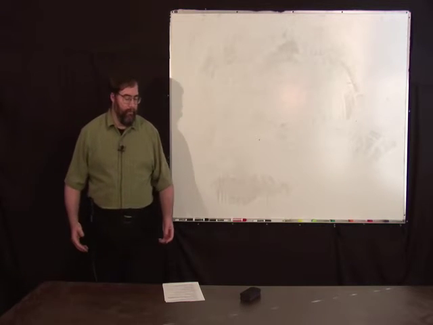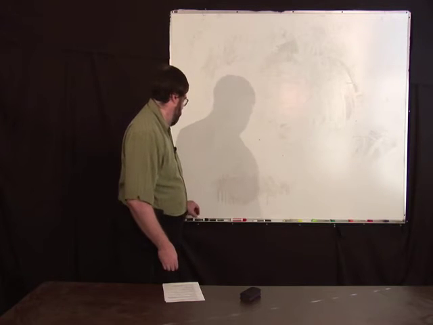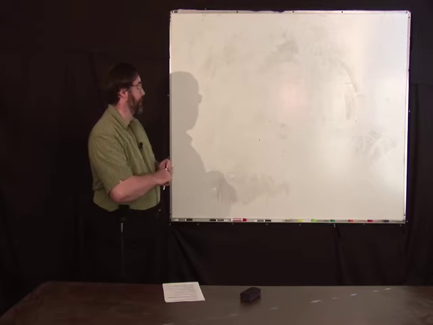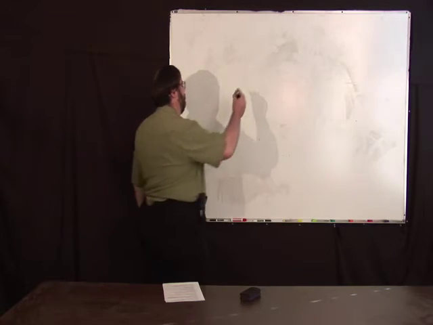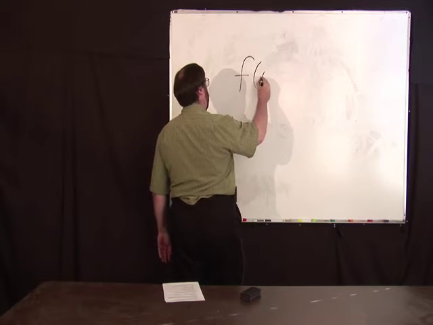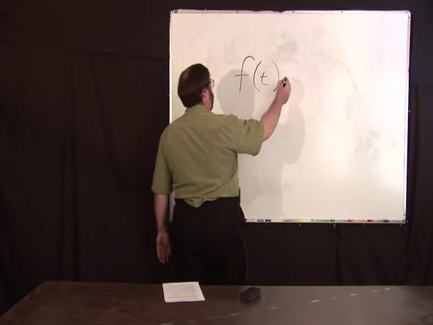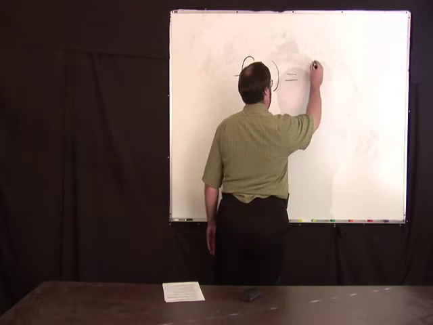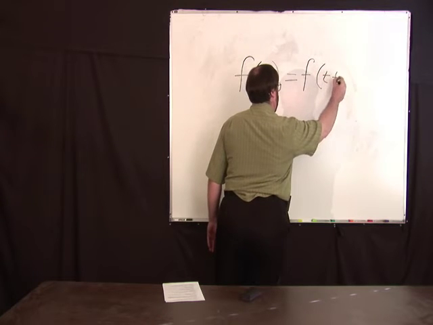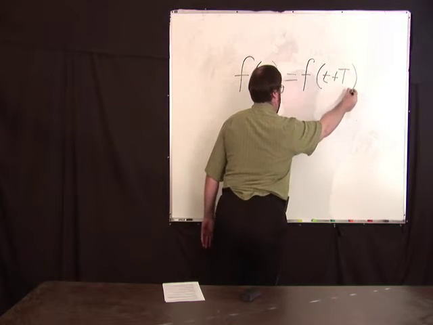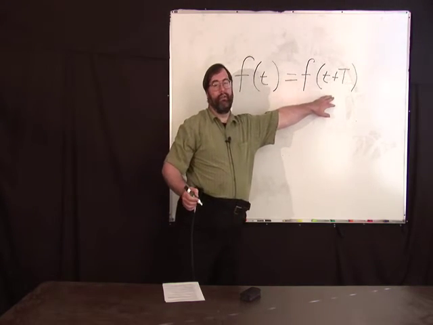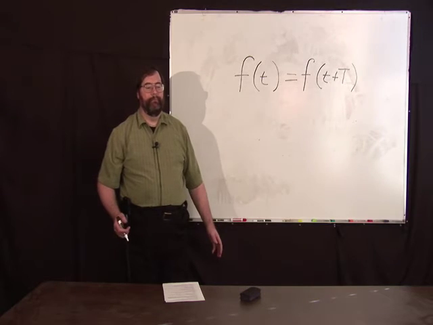Well, we're going to talk about the mathematics of periodic phenomena a little bit. Okay, a function f of t, let's say, of some time, is considered periodic with period capital T if the condition holds that f of t equals f of t plus capital T for all time.